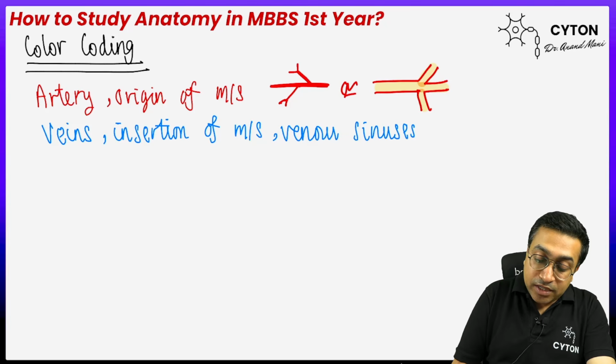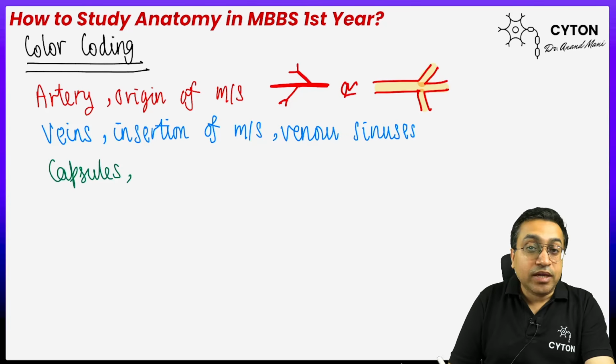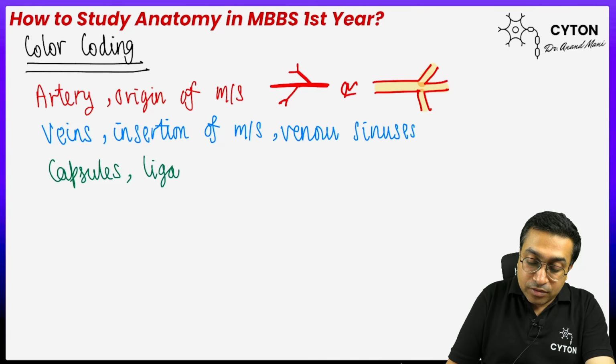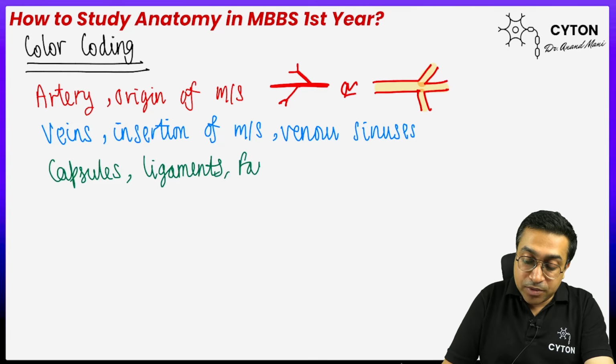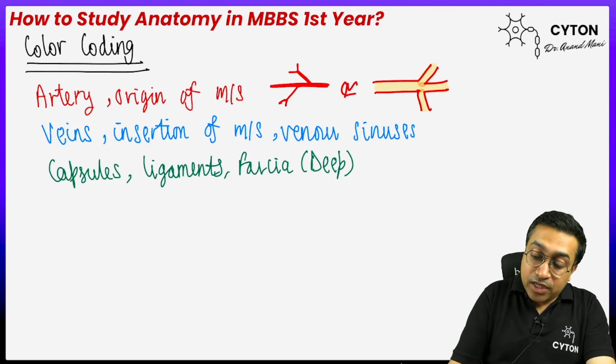Then in green color you have the capsules. Okay, ligaments. Okay, the fascia, specifically the deep fascia, which you have to draw in certain diagrams. Okay, then yellow color you can follow for the nerves.